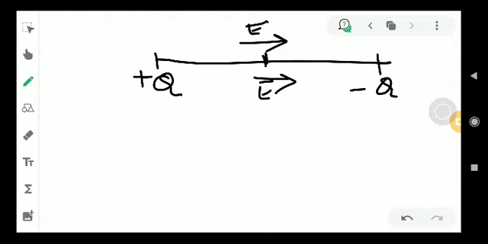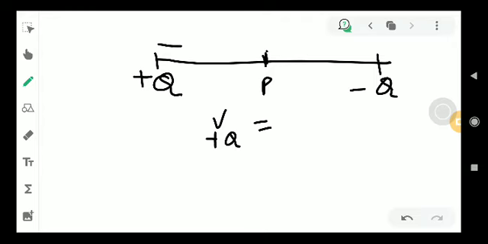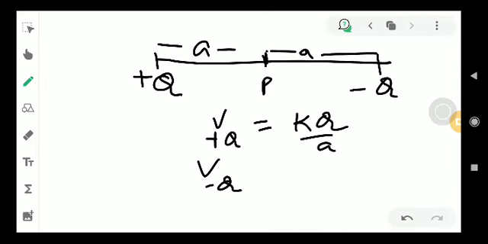But unlike the electric field, if I ask you to find the electric potential at this point, just in the middle of these two equal and opposite charges, where the distance is a on both sides, because of the positive charge the potential will be kq by a, and because of the negative charge the potential will be minus kq by a.